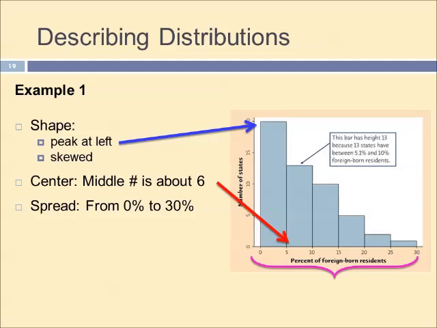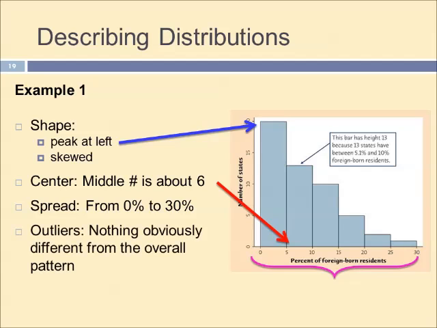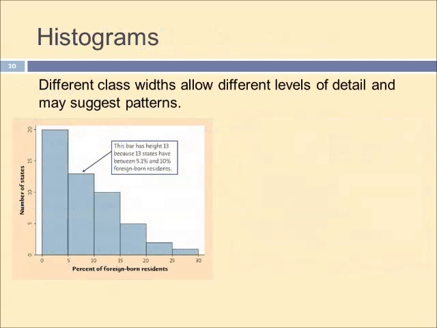The spread, the numbers range roughly from 0 to 30%. It's kind of hard to get specific values from a histogram just by looking at it. It may not be that accurate. Outliers, there's nothing obviously different from the overall pattern here.